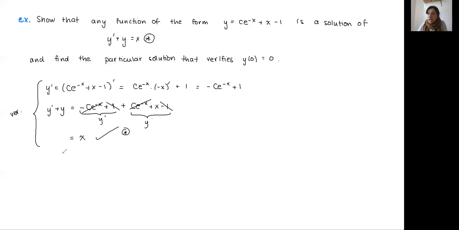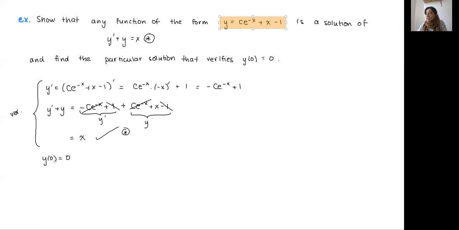All right, okay. So then we're going to verify the particular solution, which means that we're going to have to check the one solution such that y of 0 is equal to 0. And here it's important that we keep in mind that the general solution is of this form, right? So we already know that the function that satisfies this equation is going to have this form.